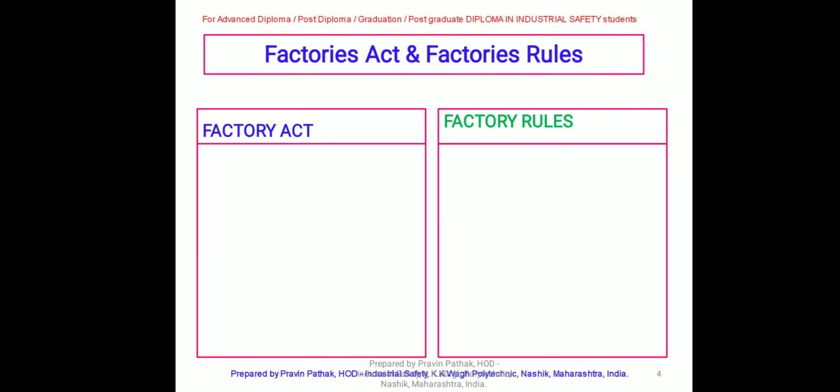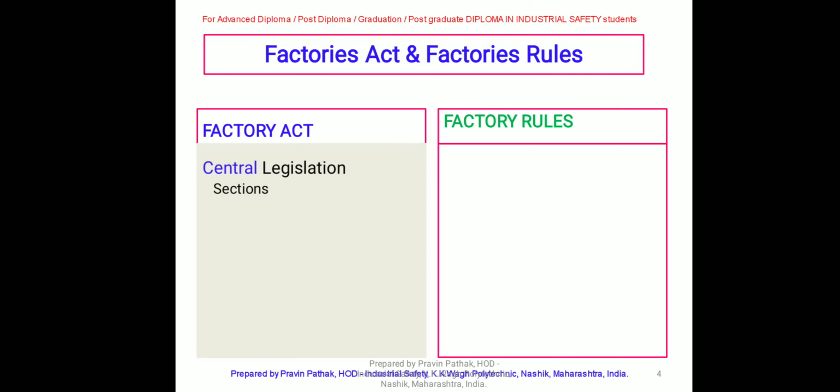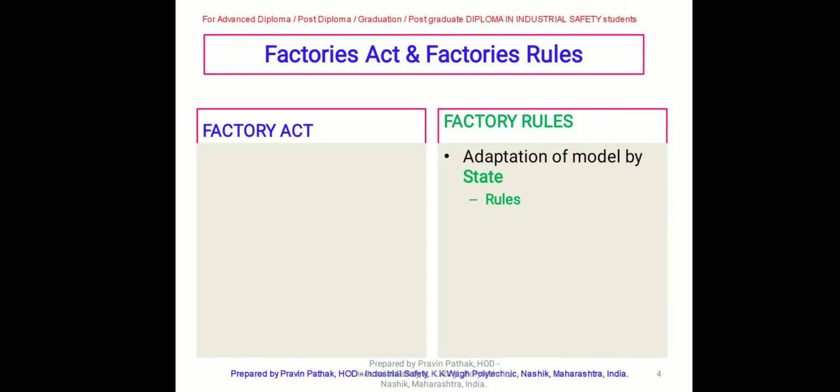What is the difference between the Factory Act and Factory Rule? The basic difference is that the Factory Act is a central legislation, and the elements involved under the Factory Act are called sections. Factory Rule is an adaptation of the model by the state, so different states have different factory rules.